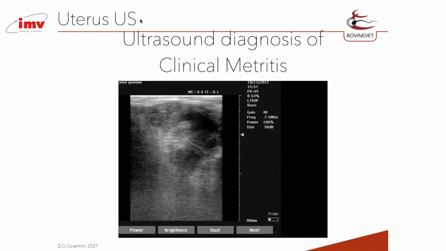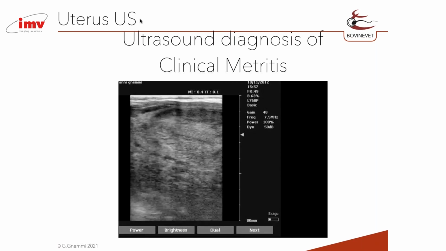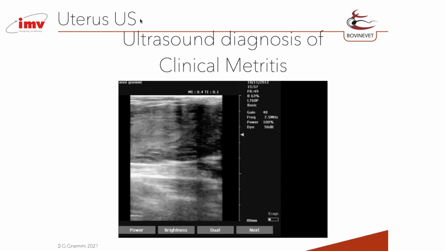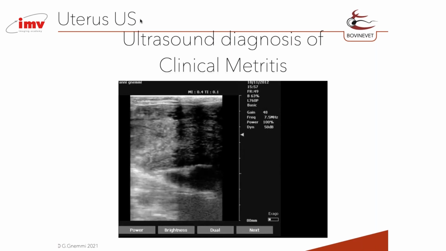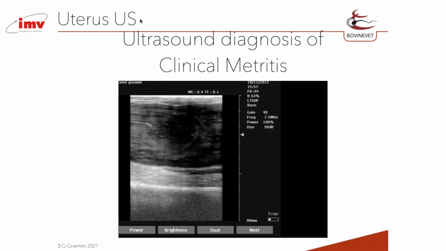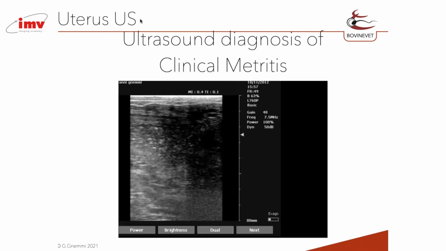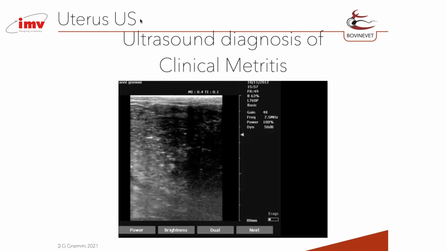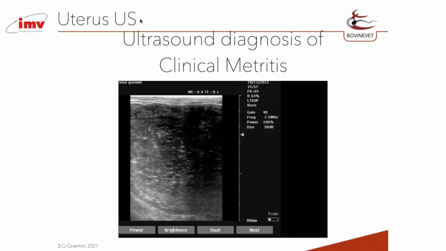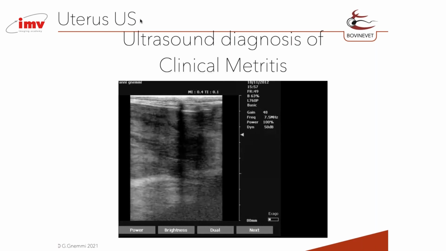Well, another interesting thing is that often, checking the cows at this moment, over the cotyledons we can find a hyperechoic stripe, and this is normal, it is the epithelium that is in necrosis, and you have to remember that the macroscopic involution of the uterus requires between 4 and 5 weeks, but the microscopic involution, so the regeneration of the epithelium of the endometrium, requires between 6 and 8 weeks.